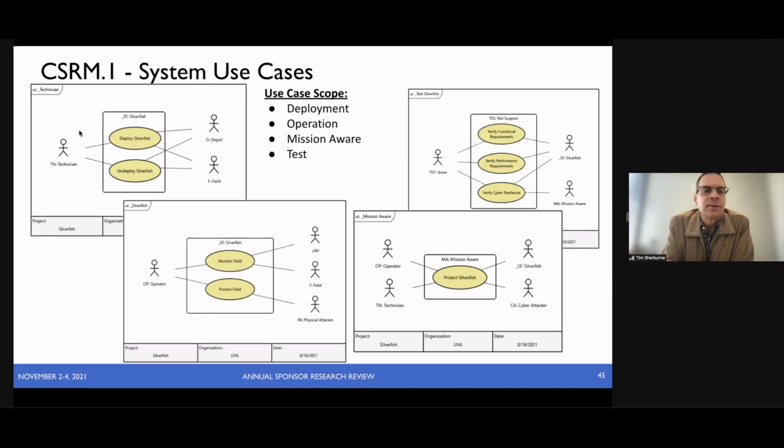Silverfish is intended to be a rapidly deployable system, so we cover the deployment use cases where the system is moved from some depot location, deployed into the specific field location, and when the mission's over, undeployed as well. The key functions for Silverfish itself are to monitor the field using the situational awareness, and if necessary, to protect the field with the fire control.